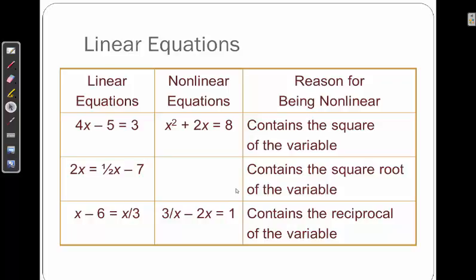Oh, it didn't actually show up here. I don't remember what the full equation was, but I could just make one up. It had a square root of x in it. That's why it wasn't linear, because it's 3 divided by x, so that's like x to the negative 1. It doesn't have just x to the 1.